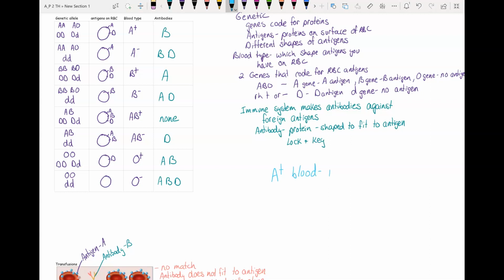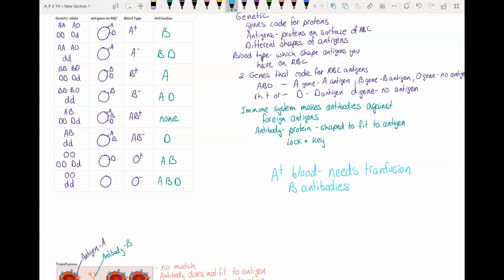And you need a transfusion. We want to know what kind of blood we can put into you. If you have A positive, that means that you have B antibodies.